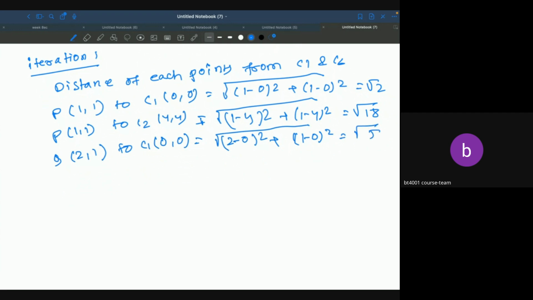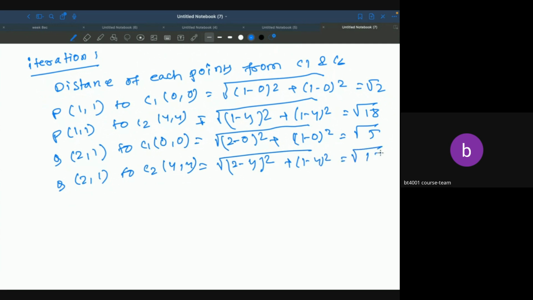Distance of Q(2,1) to C2 (4,4) will be (2 minus 4) squared plus (1 minus 4) squared. That will be root 13. Then the distance of R.